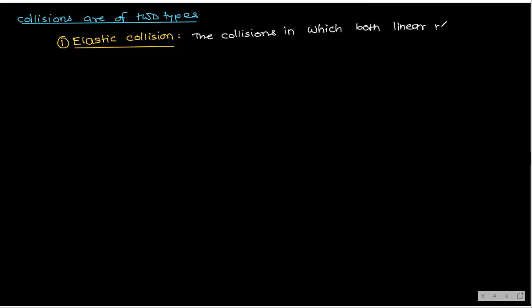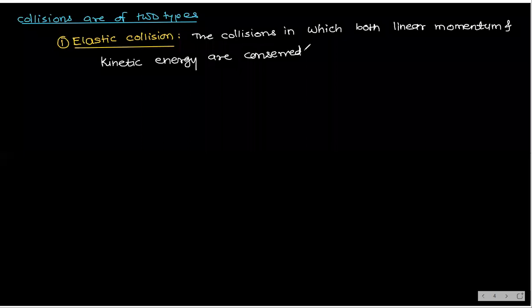You know, linear momentum is what? P is equal to mv. The collisions in which both linear momentum and kinetic energy are conserved. That's it. You write this much only, enough. Understood?